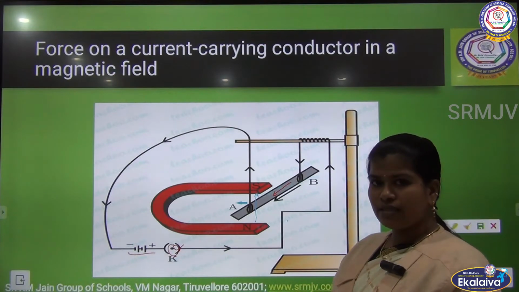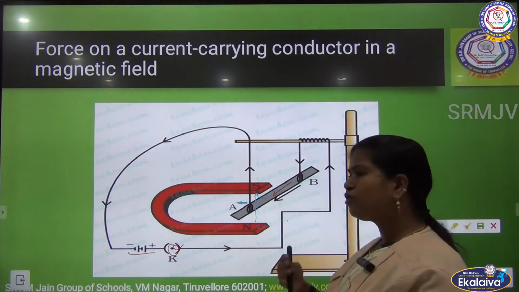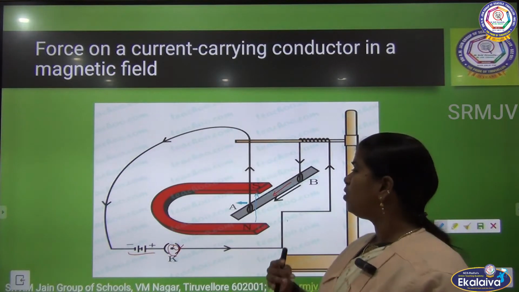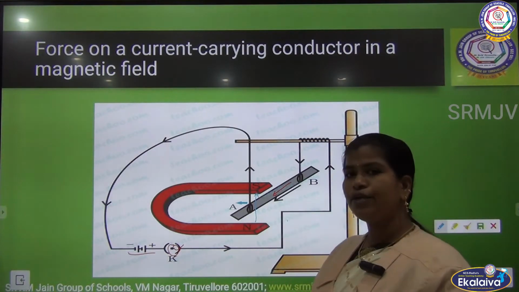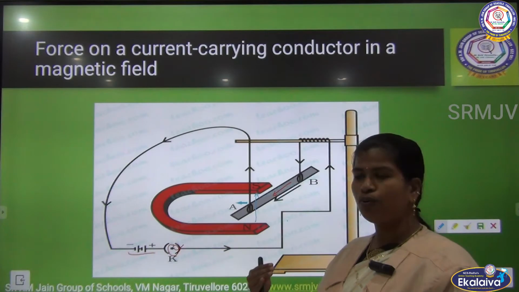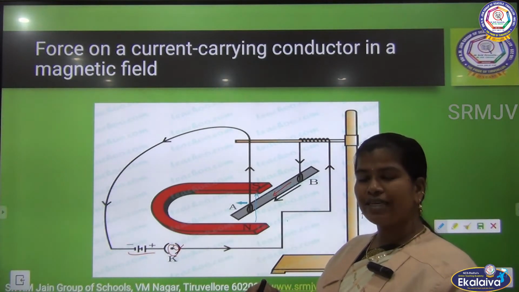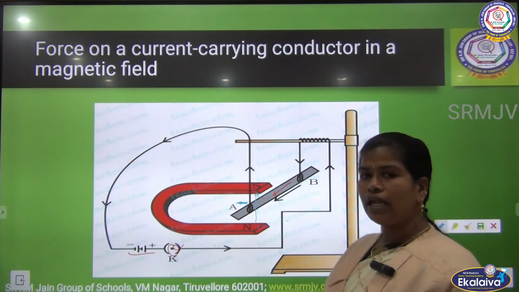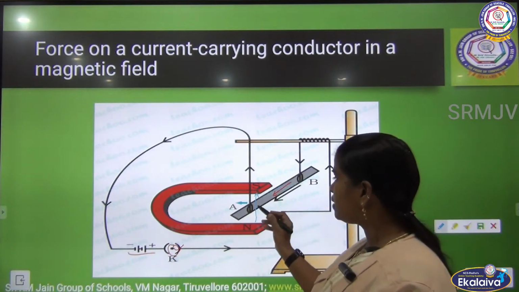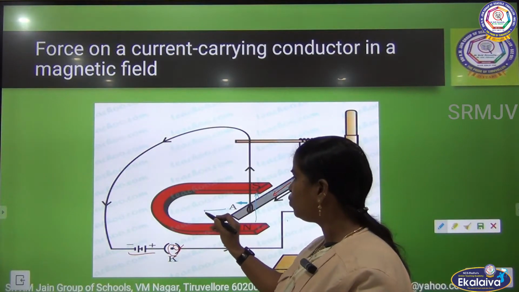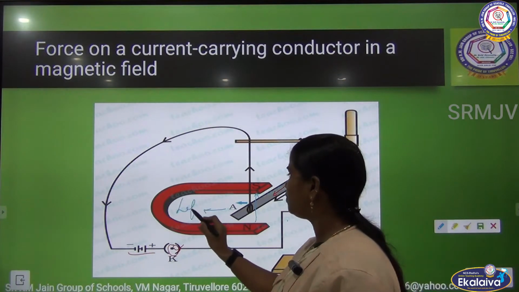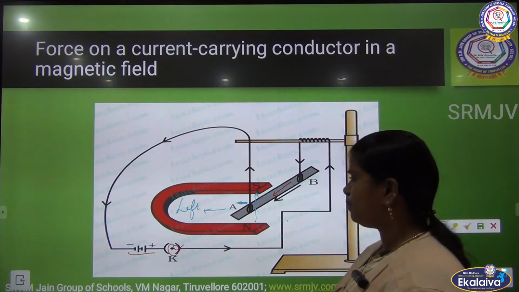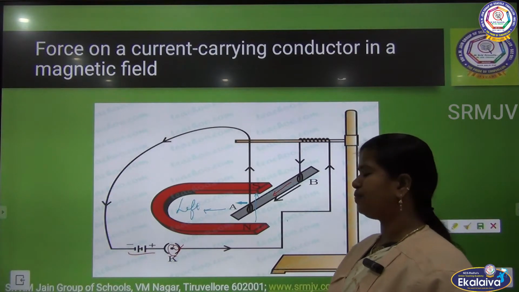The force which is exerted here will act on the aluminium rod, and we know that the aluminium rod has been suspended freely. So the force makes the aluminium rod move towards the left side. That is one observation.